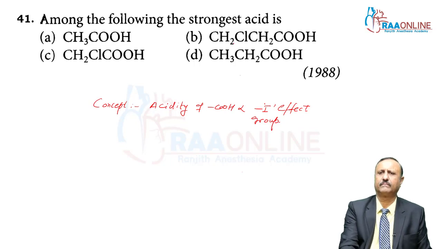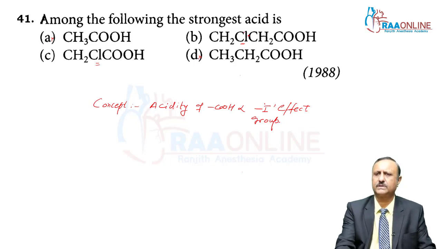Here you can see one chlorine is present. In option B, one chlorine is present here also, and here no chlorine atom is present. So D is not the answer, and A is not the answer. In this option, one chlorine atom is present on the third carbon atom, but here, my dear students, the chlorine atom is present on the second carbon atom.